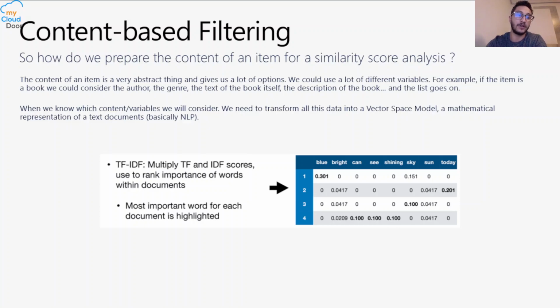Well, the content of an item, like we said, can vary and is a very abstract thing and gives us a lot of options. We could use a lot of different variables. For example, if the item is a book, as we explained before, we could consider the author, the genre, the text of the book itself, the description of the book, and the list goes on.